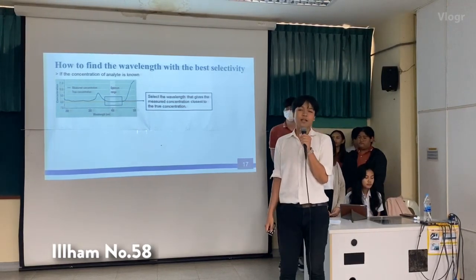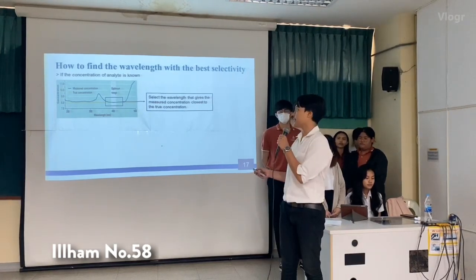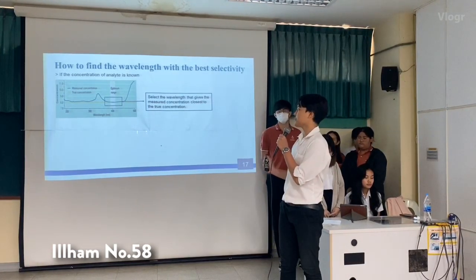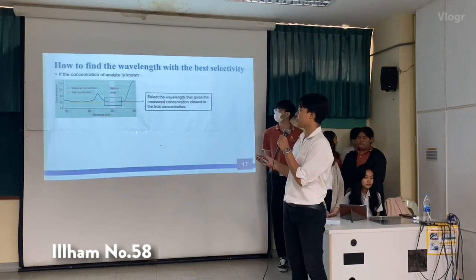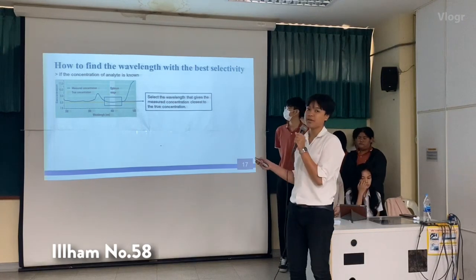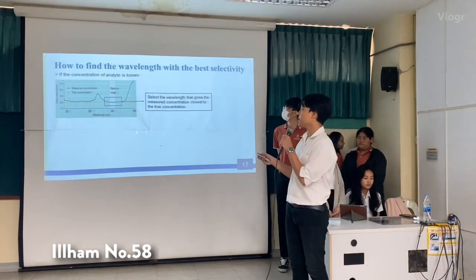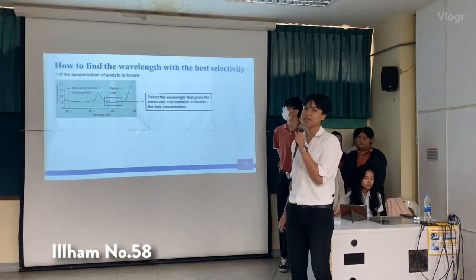In this case, if the concentration of the analyte is known, the wavelength that gives the result closest to the true concentration is chosen. For example, in this picture, we will pick the wavelength around 400 nanometers because the measured concentration, which is the blue line, gets closest to the true concentration.